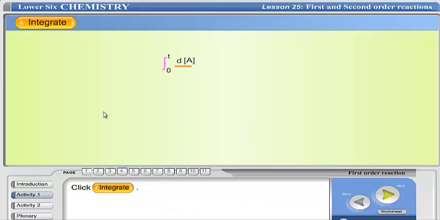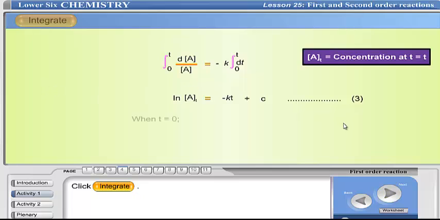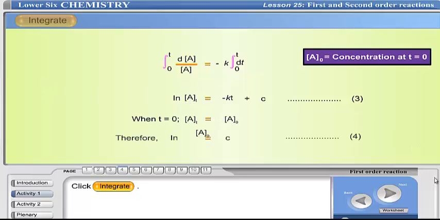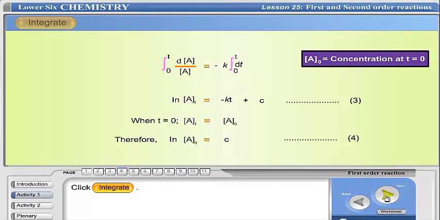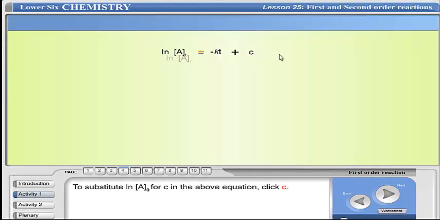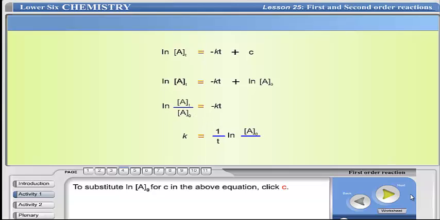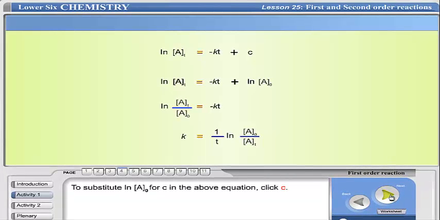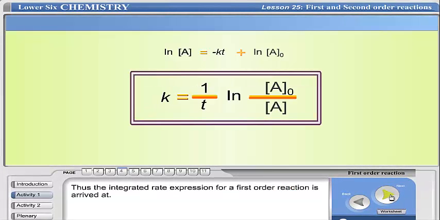Click Integrate. To substitute ln [A]0 for C in the above equation, click C. Thus, the integrated rate expression for a first-order reaction is arrived at.